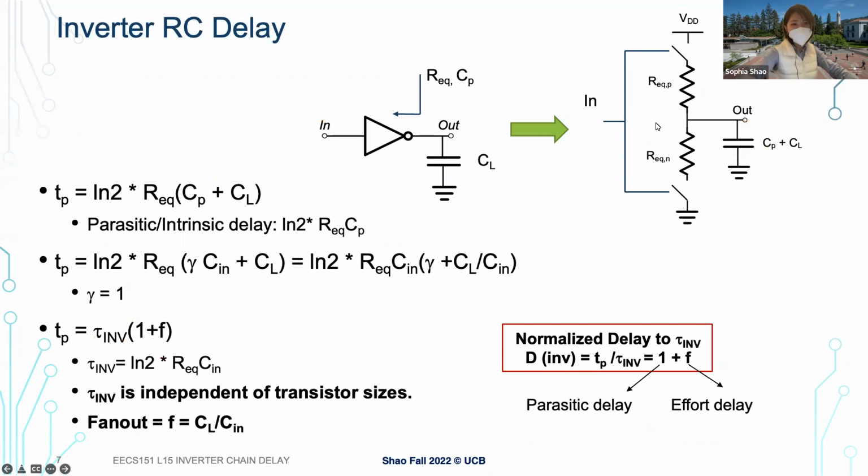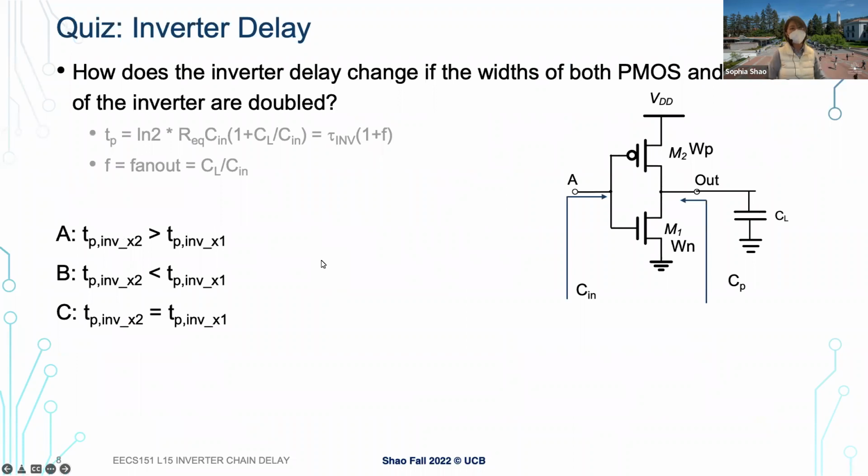Okay, with that, let's look at a simple example. We talked about inverter delay, and we also talked about the width, the new parameter that we introduced. We can make the NMOS and PMOS size bigger.